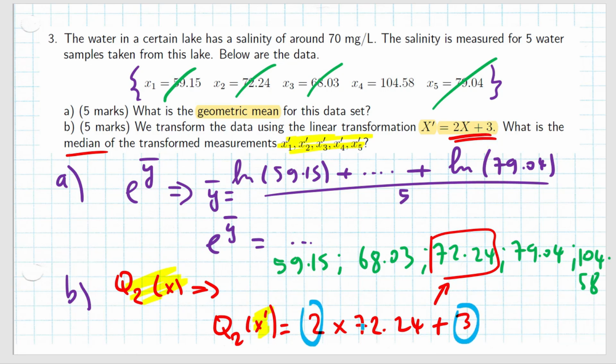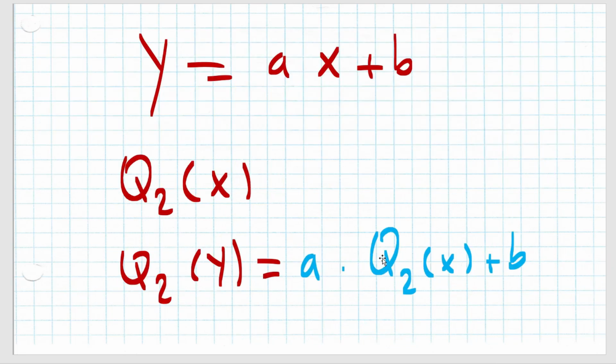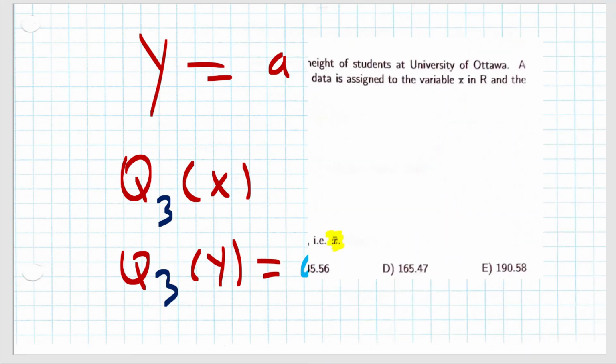So A times the median plus B, like A X plus B. So let's say I give you Q3 here. This is going to be what? Q3 of Y is A times Q3 of X plus B.